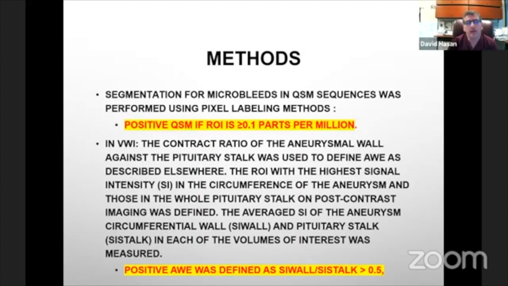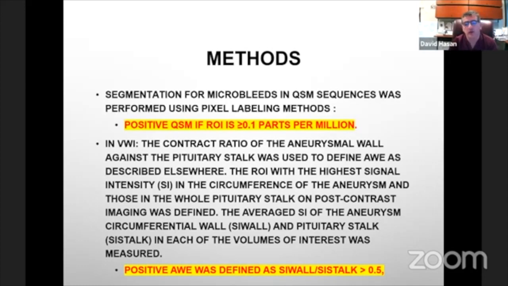We accepted that a microbleed be quantified as greater than or equal to 0.1 parts per million. So the positive QSM has to be above that threshold. The same thing for the vessel wall imaging. We did not rely on just visualization. People say it's partially enhanced, focal enhanced, circumferential enhanced.